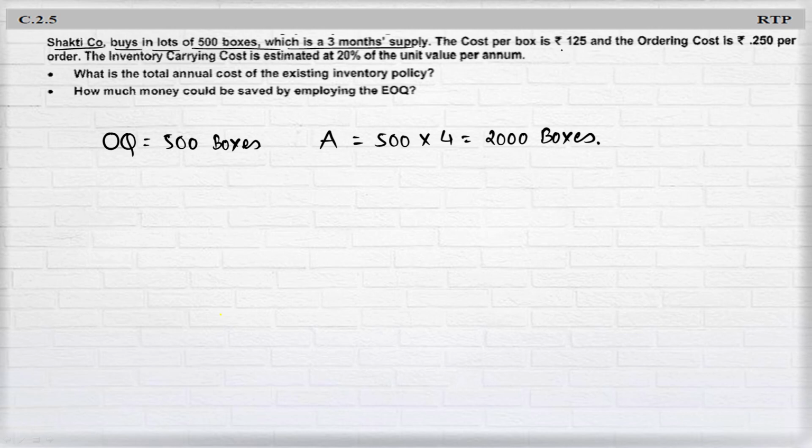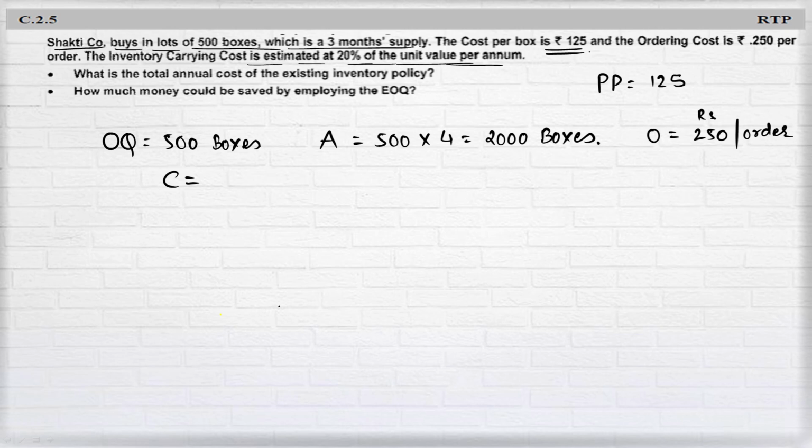The cost per box is 125. This is the purchase price. And the ordering cost is rupees 250 per order. So I can directly write O as 250 per order. The inventory carrying cost is estimated at 20% of the unit value per annum. My C will not be 20%.